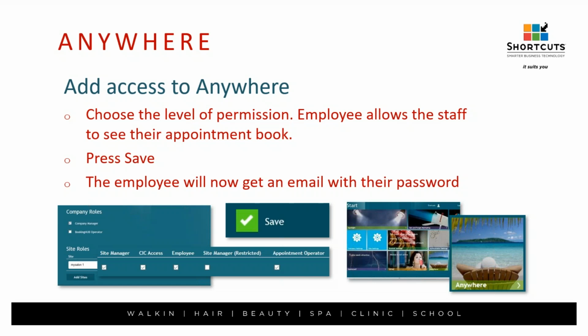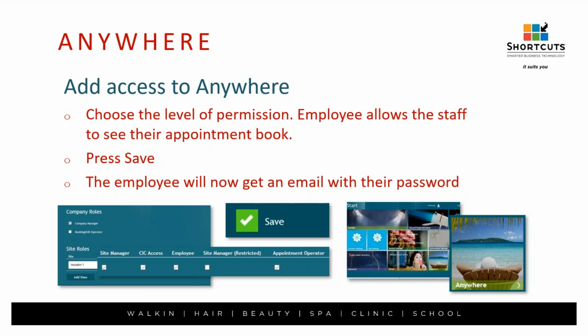For most sites, when they're giving their staff permission to access Anywhere, the one permission that they always set is employee level. What employee level does is once the staff member goes to the console, by default, the only thing they'll be able to see is Anywhere.